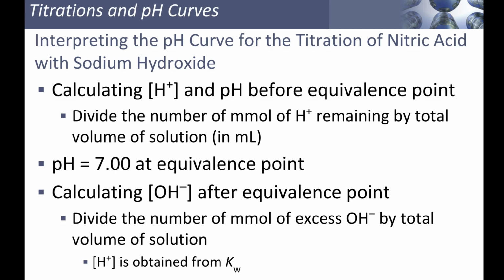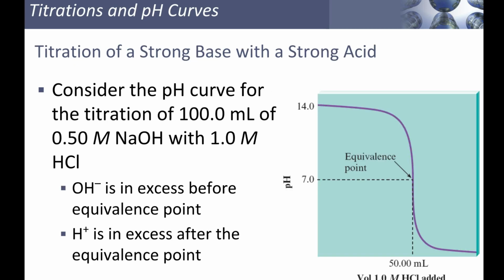So calculating H plus and pH before equivalence point, you have pH at equivalence point, and then you can calculate hydroxide after equivalence point, all from that curve. Okay? So what if you're titrating the other way around, meaning you start off with the strong base and you're adding strong acid? You're not going to start at the bottom anymore, are you?